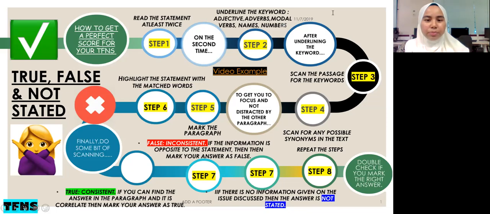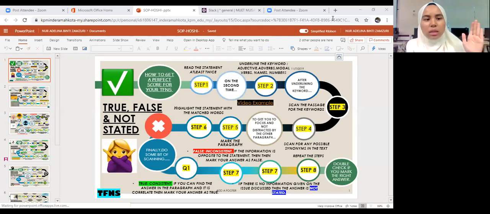What you are looking at is the previous MUET question, the MUET session 3 2018 question, and I have chosen 3 questions that I can demonstrate to you on how you can answer.